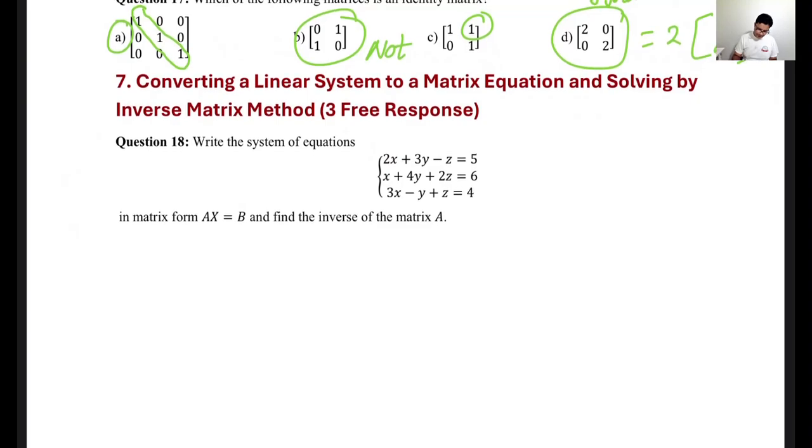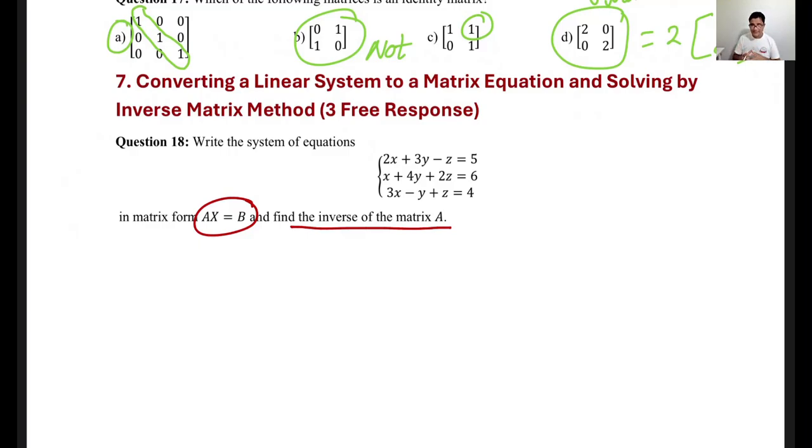Next problem is converting the linear system and solving by the inverse matrix method. Now, the original plan of this question was to just convert it into the matrix form, which is what you needed to practice. But I also added the part where you will find the inverse matrix of A. If you are watching this sequence of videos for this course, you might wonder that we have not yet learned the technique of finding the inverse of A, right?